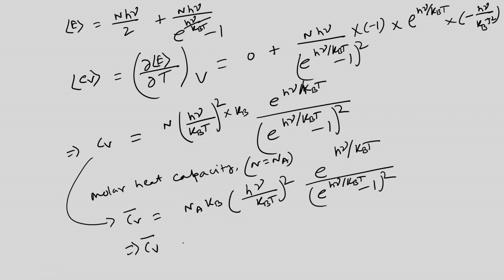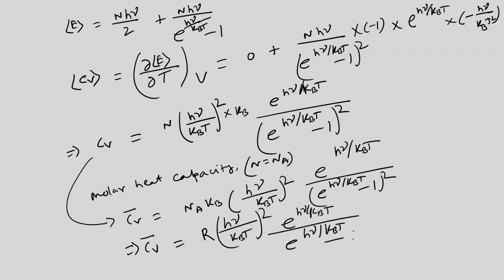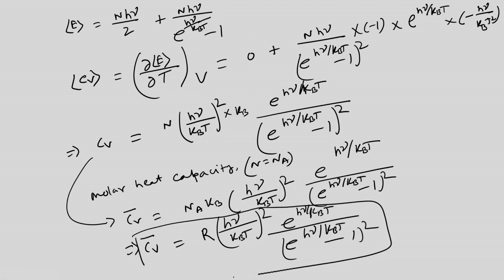Our molar heat capacity C_v bar, with N_A times k_B giving R, is R (h nu by k_B T) squared e to the h nu by k_B T by e to the h nu by k_B T minus 1 whole squared. So, this is the expression for molar heat capacity. This was a very straightforward problem, but one really has to work it out.